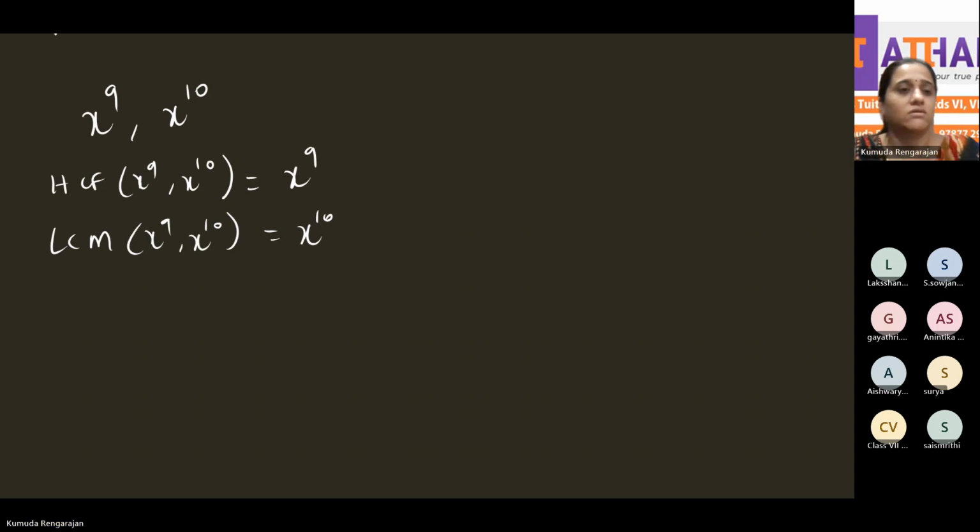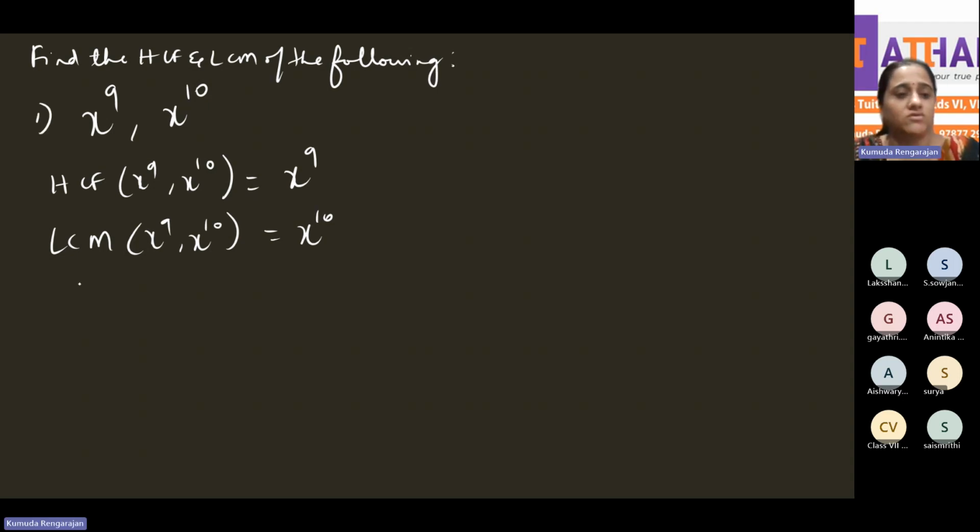Now look at this one. Supposing you have 5x to the power 4, y to the power 3, and say 20xy squared.